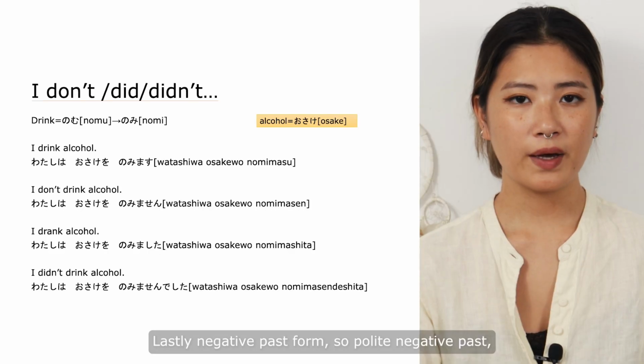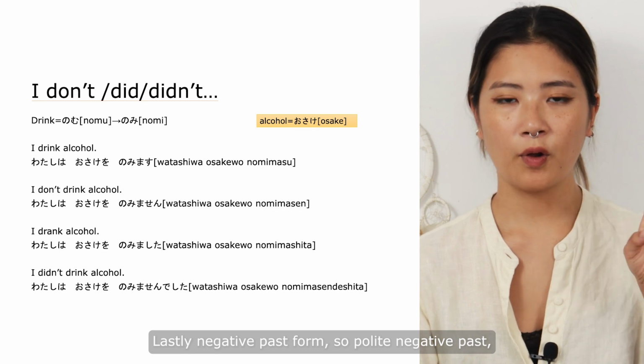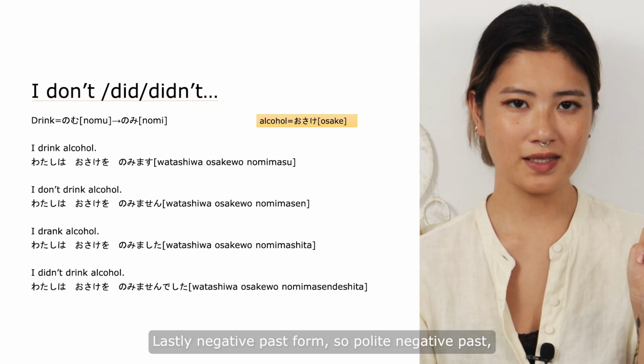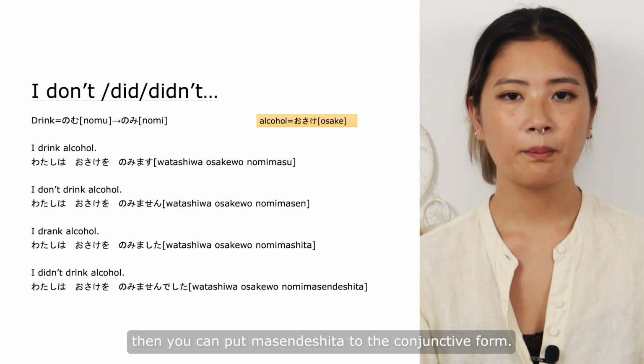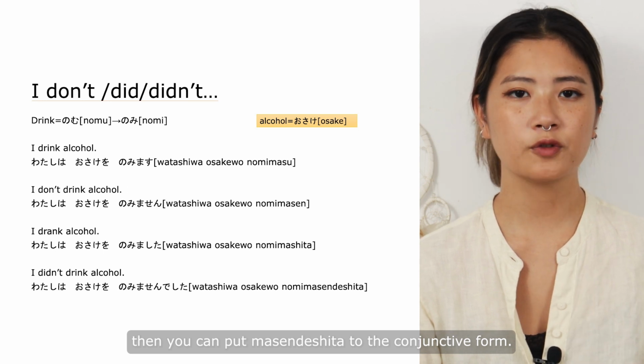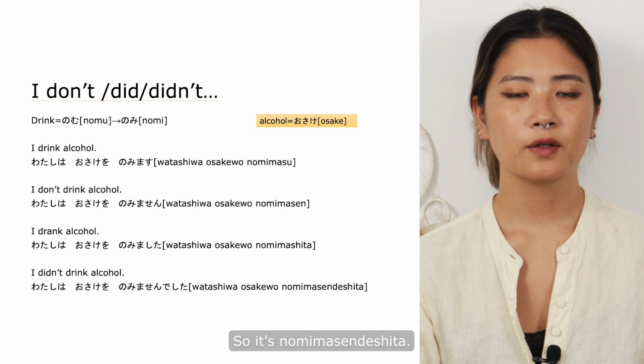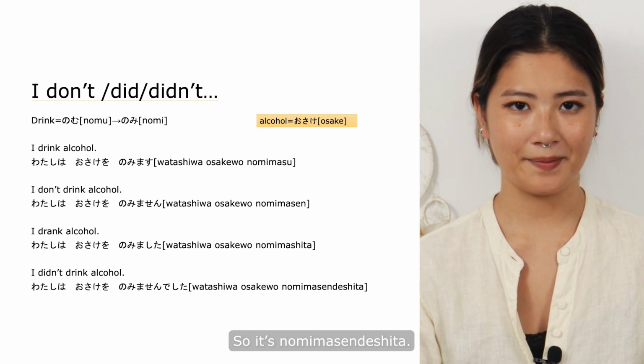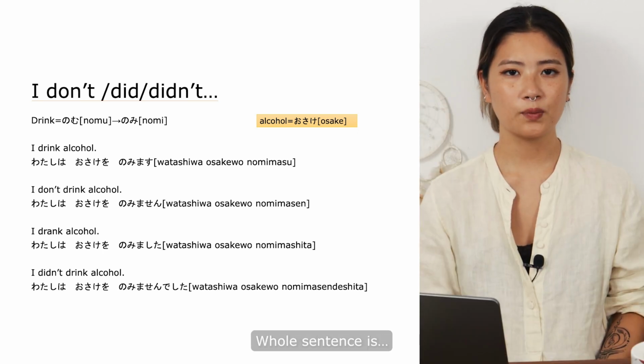Lastly, the polite negative past. Then you can put ませんでした to the conjunctive form. So it's 飲みませんでした. The whole sentence is 私はお酒を飲みませんでした.